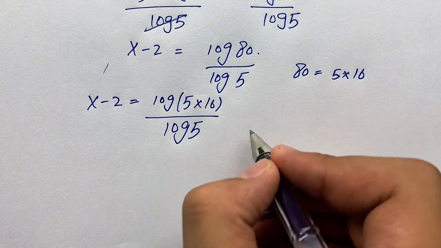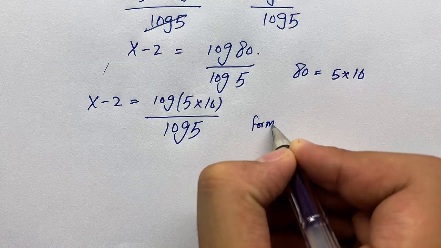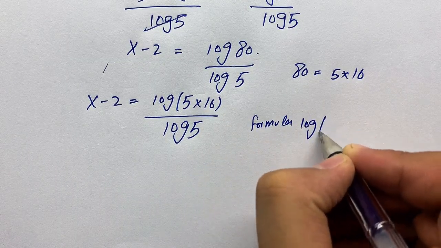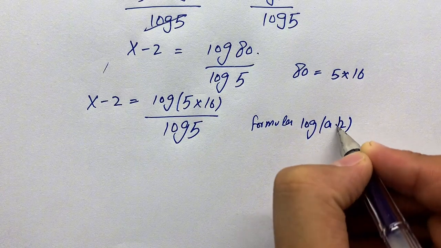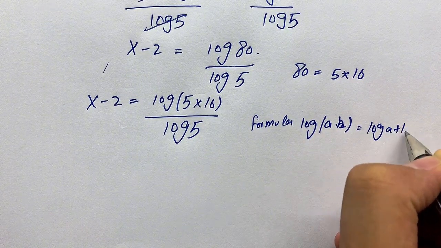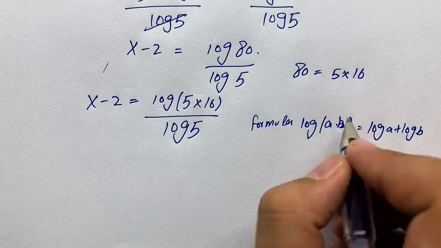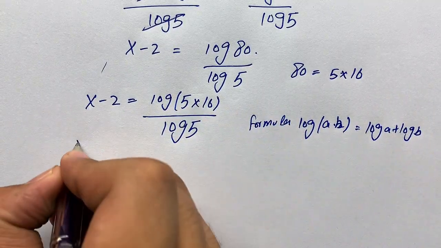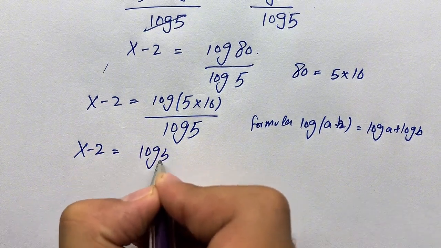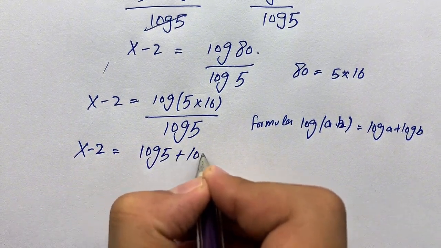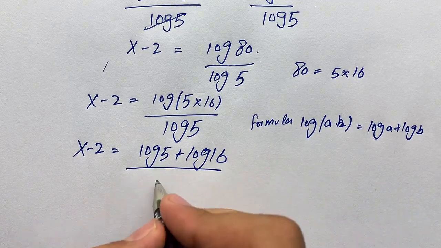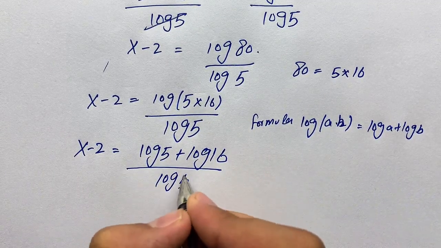And now we use this formula: log of A into B is equal to log of A plus log of B. After using this, x minus 2 is equal to log of 5 plus log of 16 divided by log of 5.